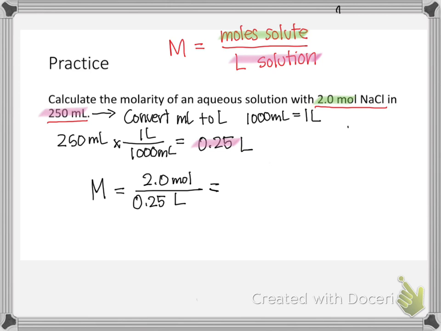What is that? 2 divided by 0.25, 8. Oh yeah, 8, that makes sense. 8, and it all comes out as 8, and I want 2 significant figures, so I have to add a 0.0. Now, if you look, the unit here is moles over liters. Okay, that is molarity. So this is just capital M.